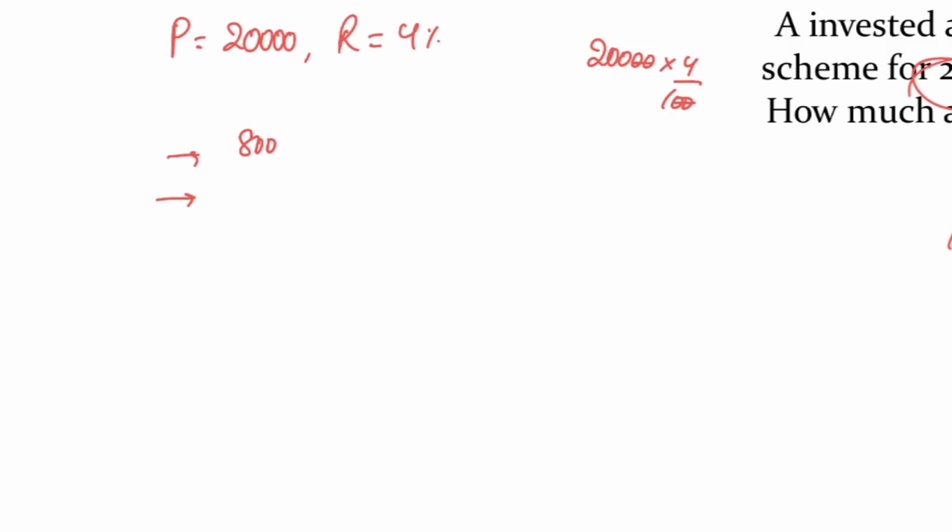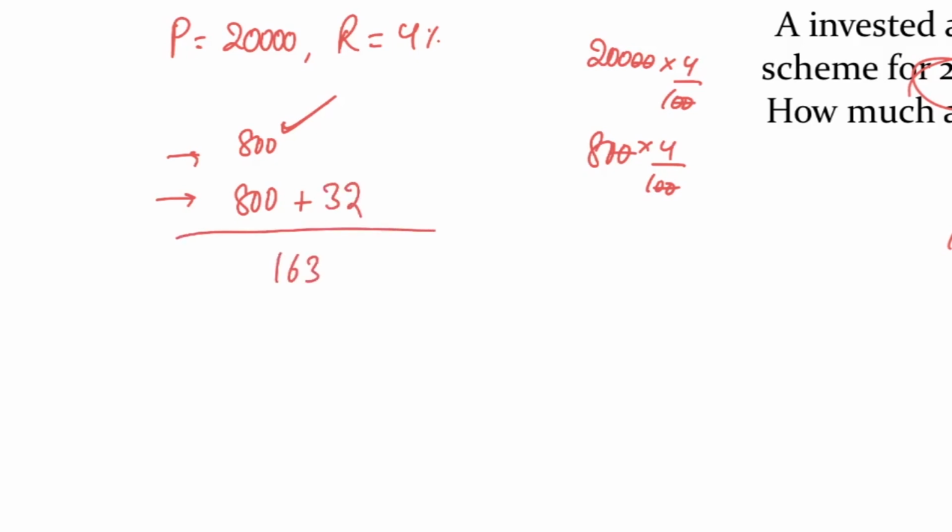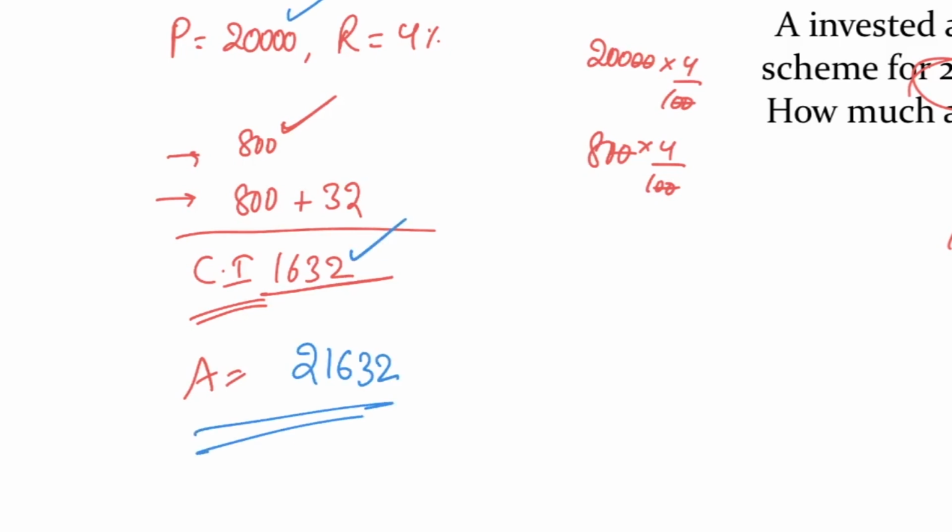In second year also we get 800 rupees interest. In addition to that, on 800 rupees of first year interest, we get again 4% interest, that is 8 into 4, 32. So compound interest is 1,632. If compound interest is asked, it is 1,632. Or if amount is asked, then 20,000 plus 1,632, 21,632 rupees. Got it?